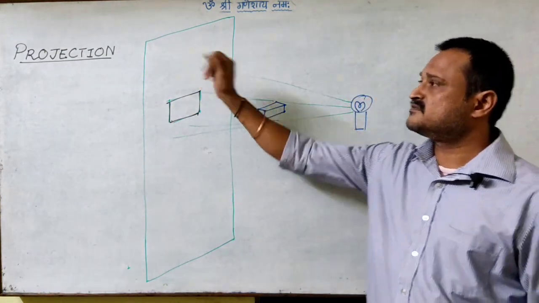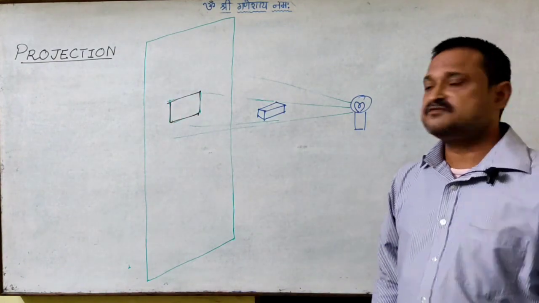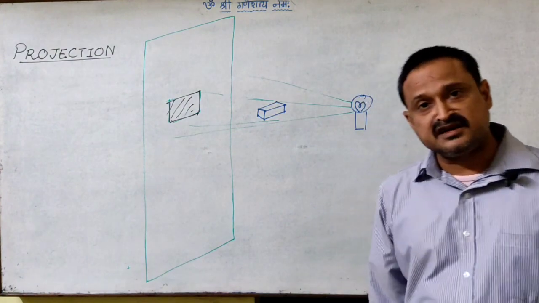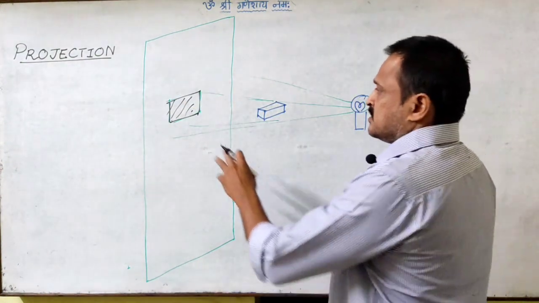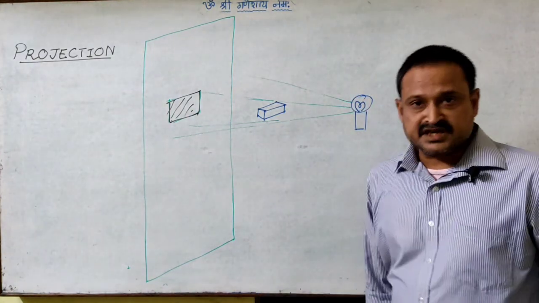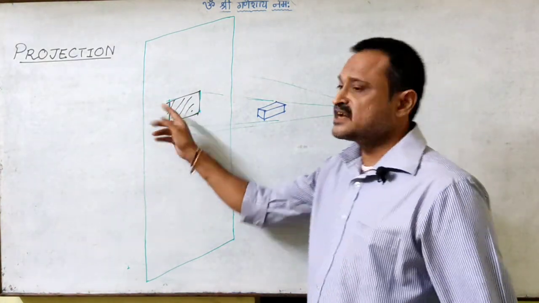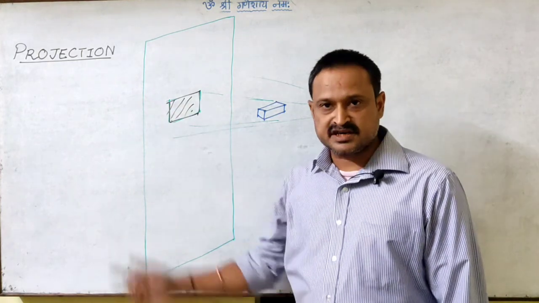So I need a screen and a light source, with the help of which I will get the image of that object. Now the size of this image can be different than the size of the object. If the light rays are scattered, in that case the image will be larger than the object.